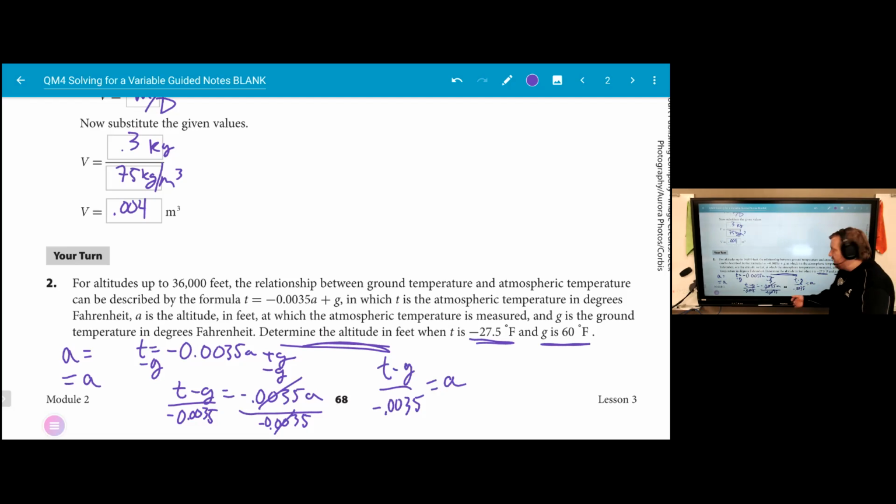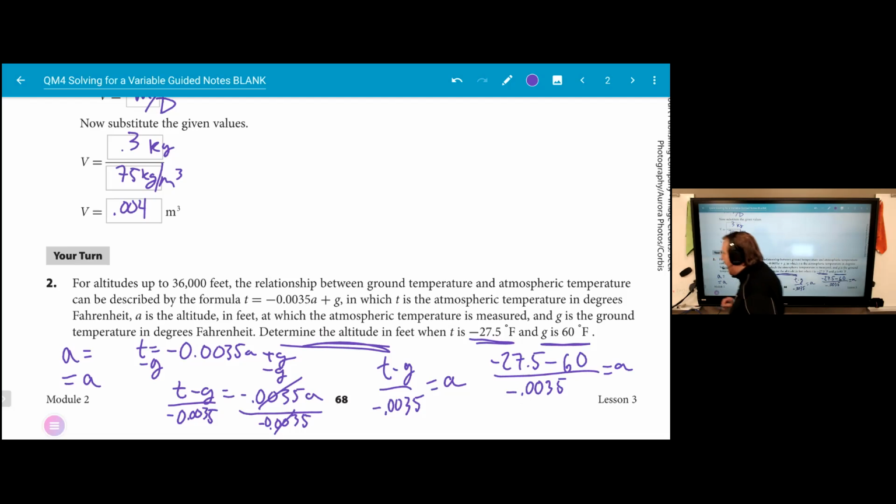Plug in what you got and solve. Negative 27.5 minus 60 divided by negative 35/10,000ths is A. And if I do that, this is negative 87.5 divided by negative 35/10,000ths. And if I do that out, let me double check my math here, A equals 25,000.